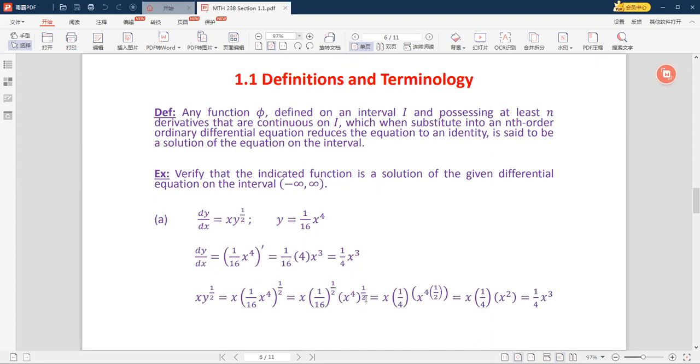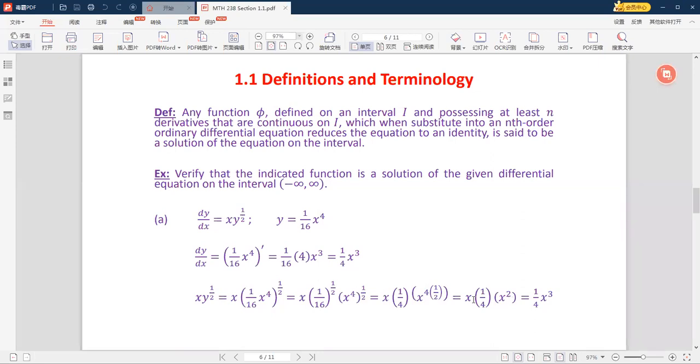And then how do you take the half power of x to the 4th? You just use the rule for exponents, multiply 4 times 1/2. So 4 times half is 2.